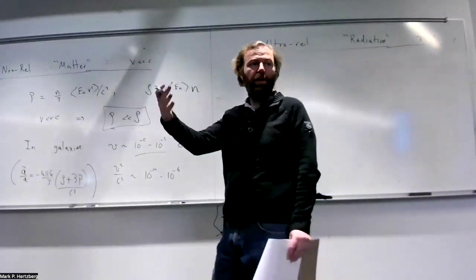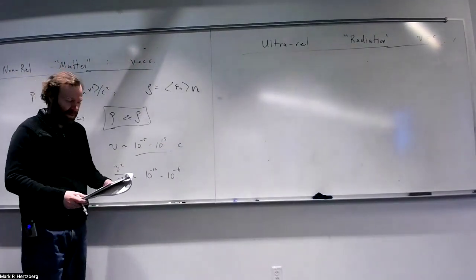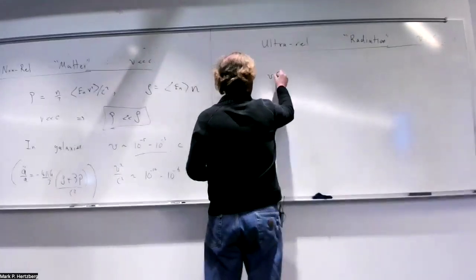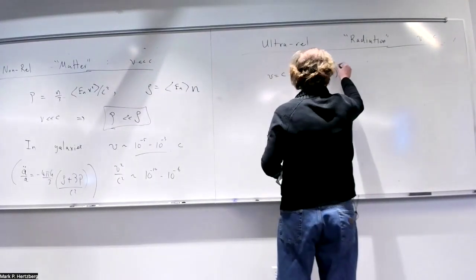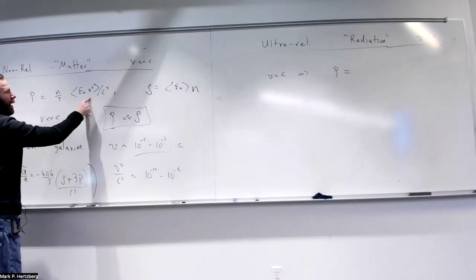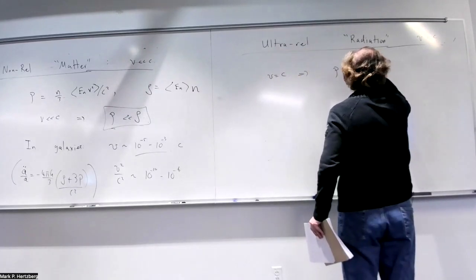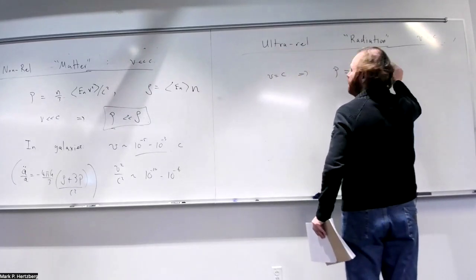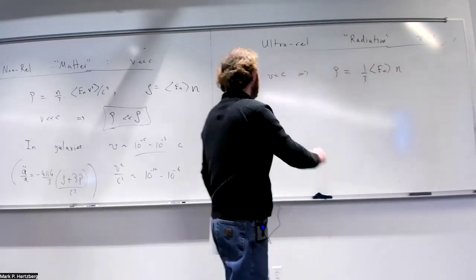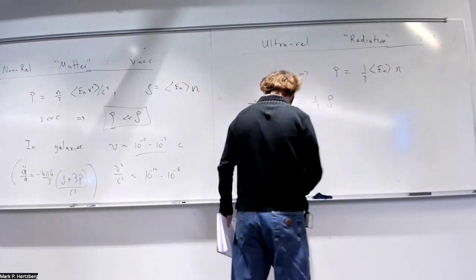Like neutrinos in the early universe were moving very close to c, so they would fall into this category as well. So then if v is c, then in the pressure formula, these c's just go away. So we just get the average energy, and there's a third. So the pressure is 1/3 of the energy density.